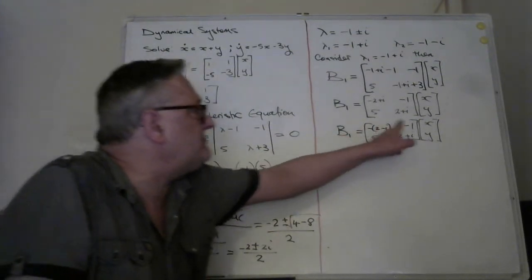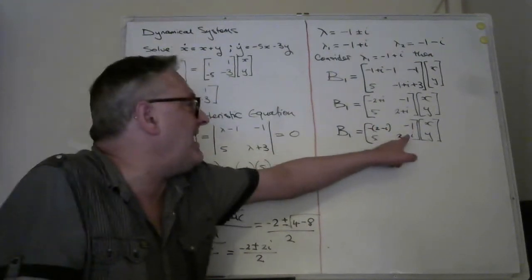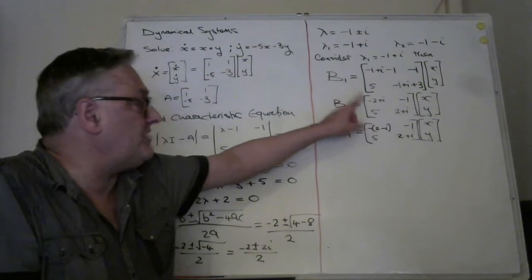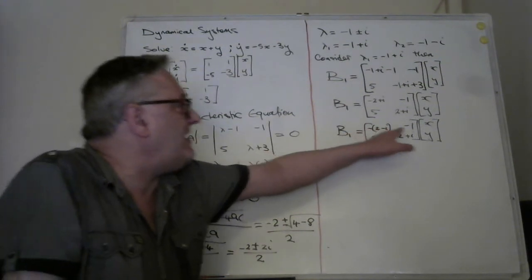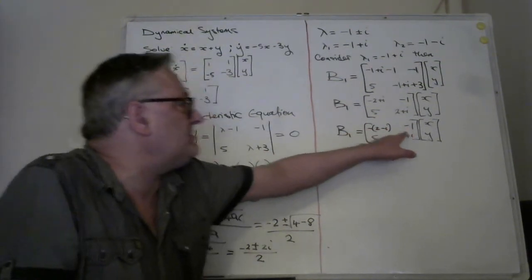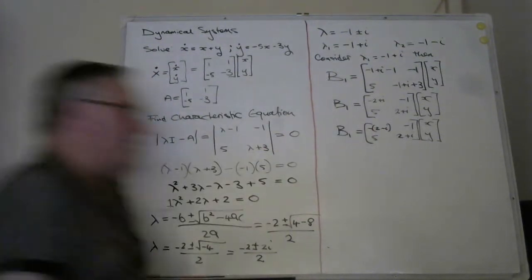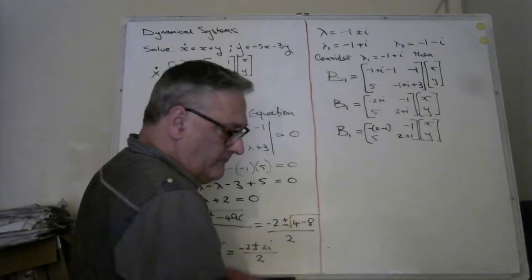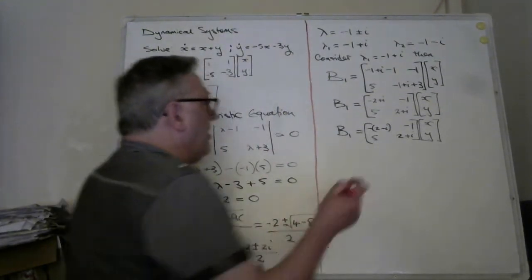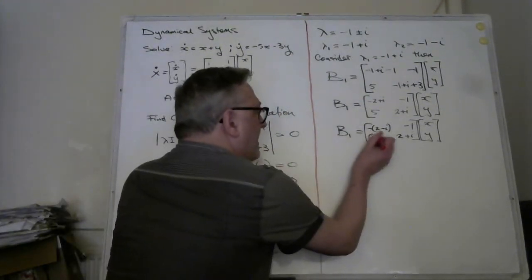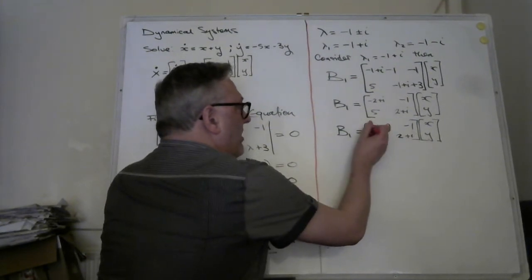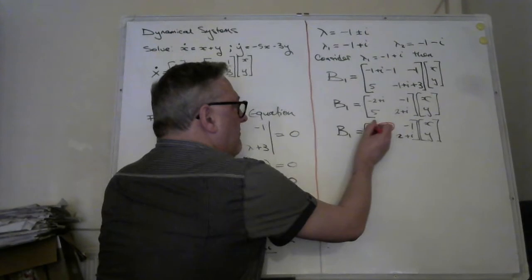Now to solve two simultaneous equations like that, which are actually multiples of each other, but we've got to show it, what we're going to do is multiply everything in the top line by 5 and everything in the bottom line by minus 2 minus i.